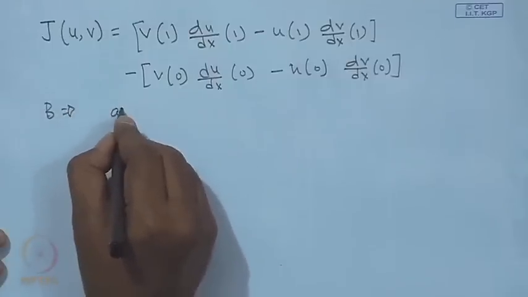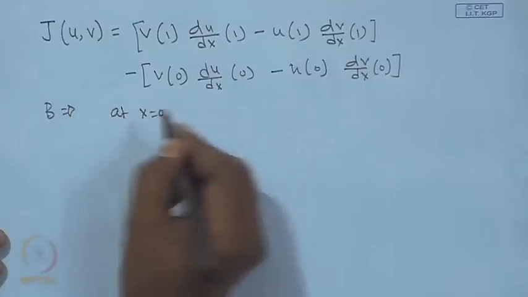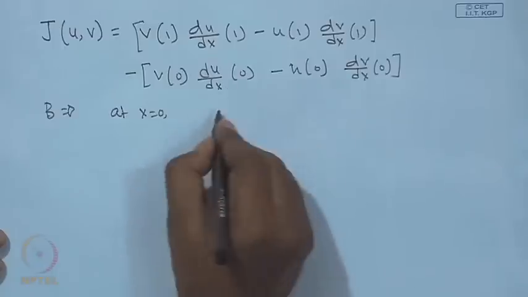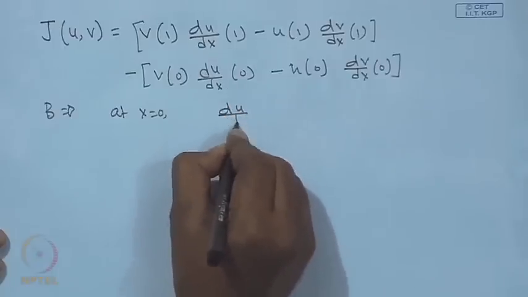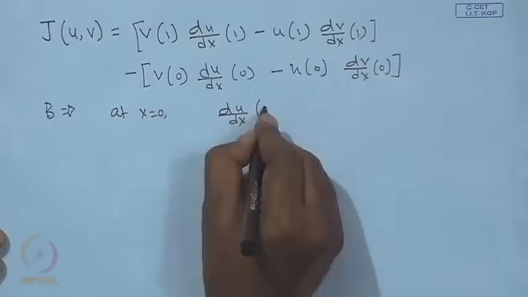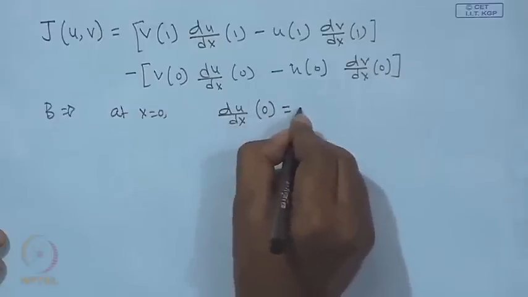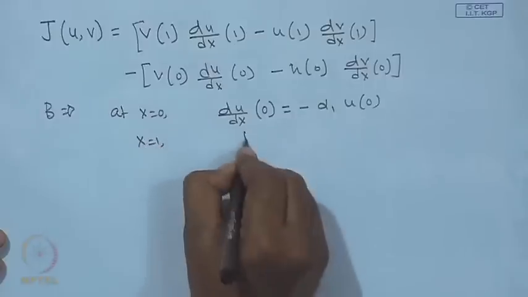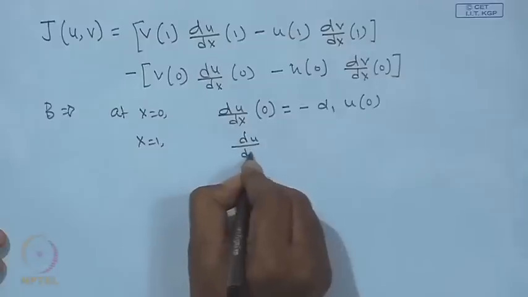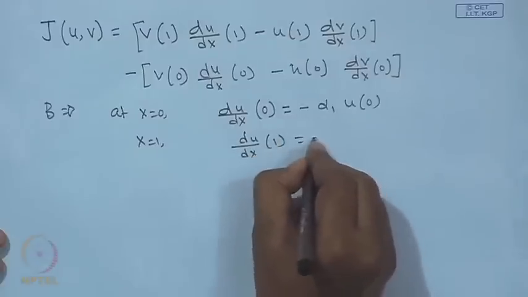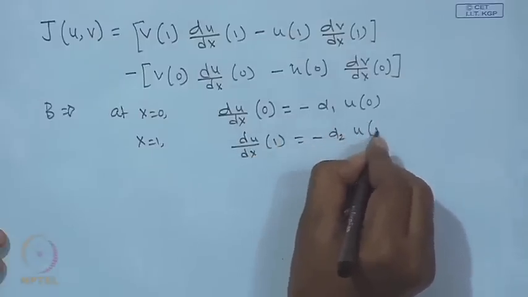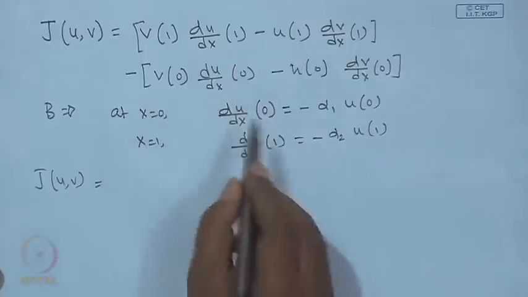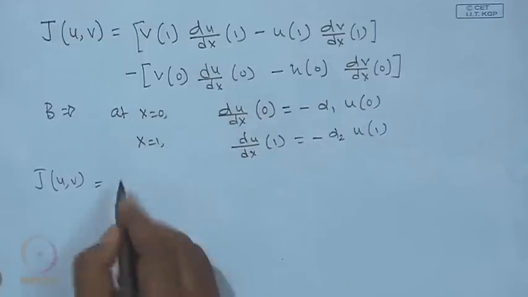And we have already seen the boundary conditions B. If you remember, at x equal to 0, du/dx should be equal to minus alpha 1 u at 0, and at x equal to 1, du/dx should be equal to minus alpha 2 u at 1. So, we replace du/dx at 1 and du/dx at 0 by these terms.